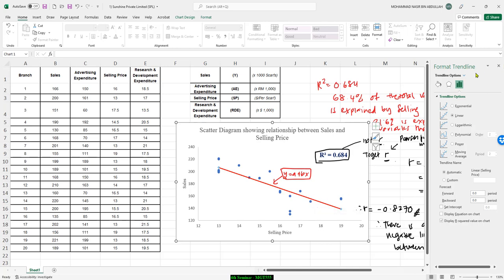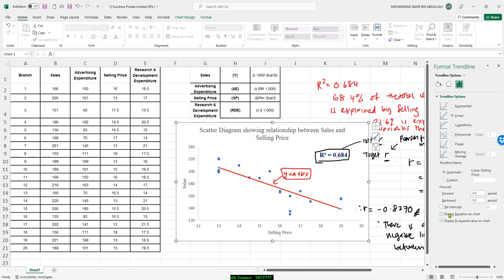if the format trend line pane does not appear, you just right click and click on format trend line. In the format trend line pane, at the bottom earlier we checked display R square value.